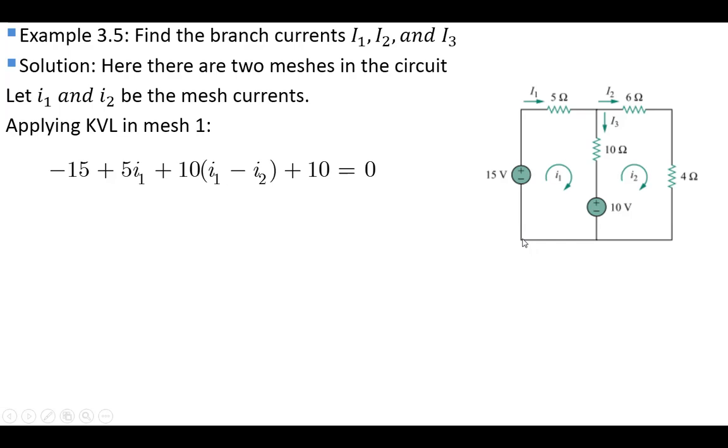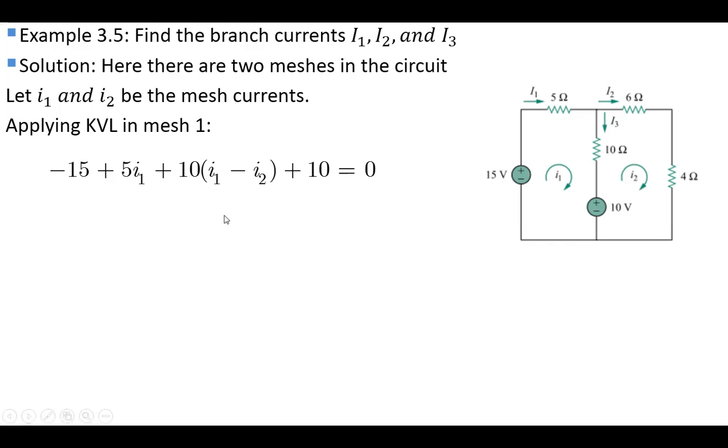And obviously, we are coming back to the same point from where we started traveling the mesh, so we have touched all the elements. This is the algebraic sum of the voltages in the loop, and according to KVL that should be equal to 0. So this is how we write down the equation for mesh currents.